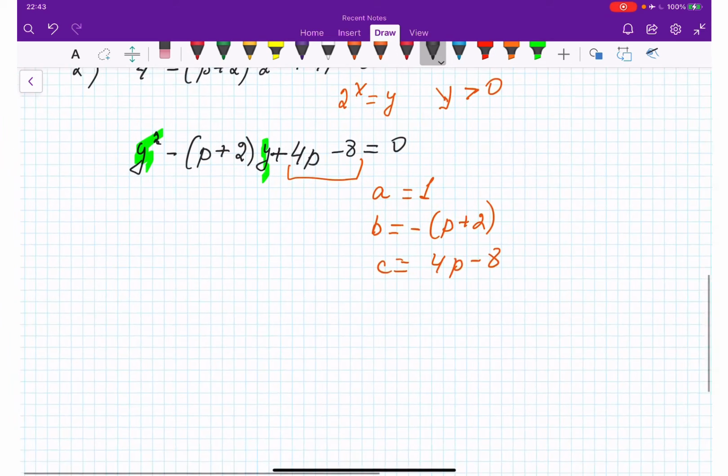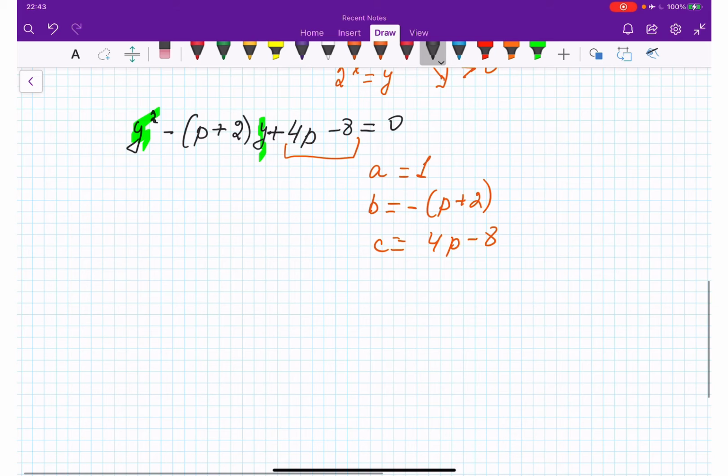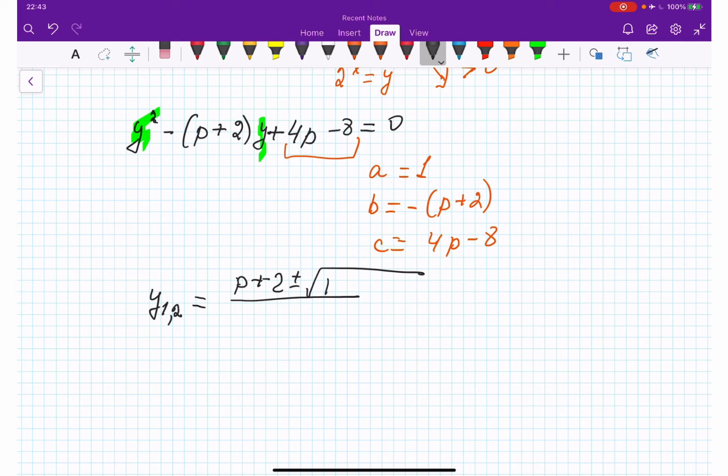All right. So y1,2 is going to be equal to p plus 2, because we have negative b, right? It was negative, now it will become positive, plus minus the square root of (p plus 2) squared, because we need b squared, right? And minus 4 times a times c.